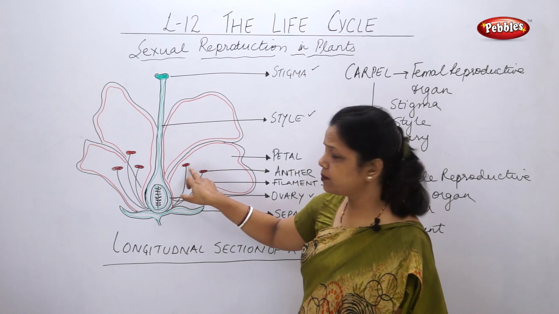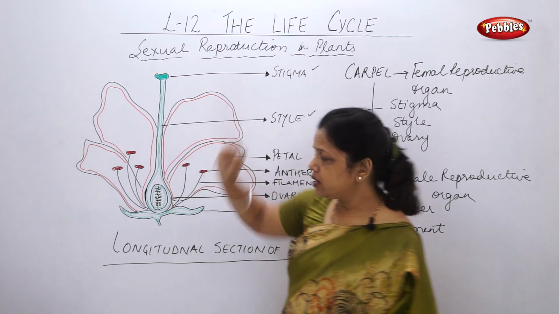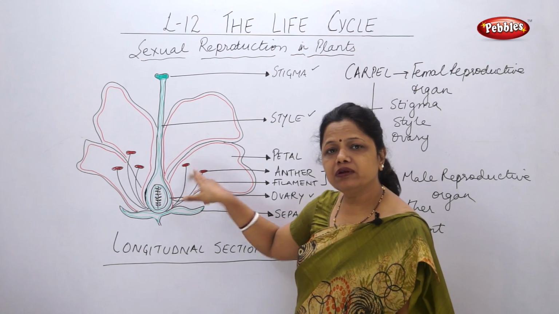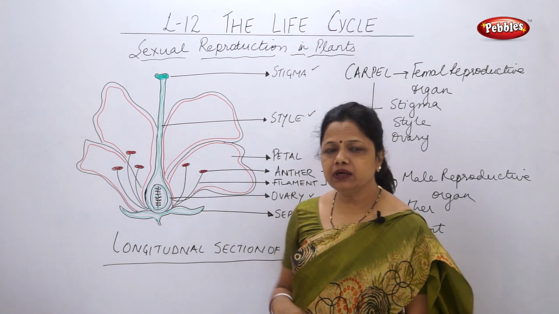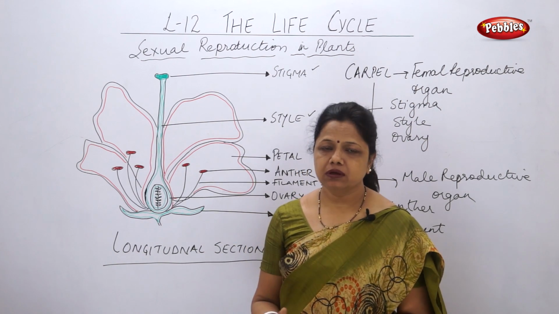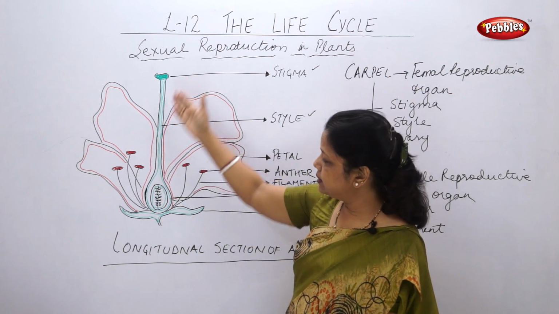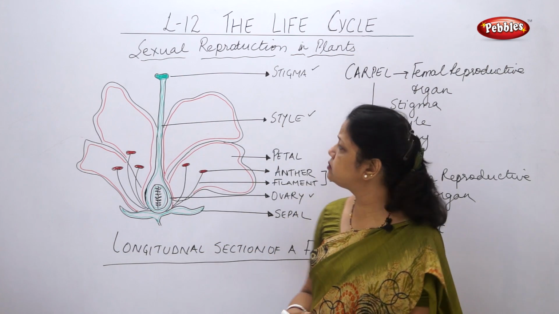Simple. This is the male reproductive organ, this is the female reproductive organ. Now, the male reproductive organ will give out the male cell. The female reproductive organ, that is the ovary, is giving out the female cell, that is the egg. It has to fuse. Now, fusion takes place inside this female reproductive organ.